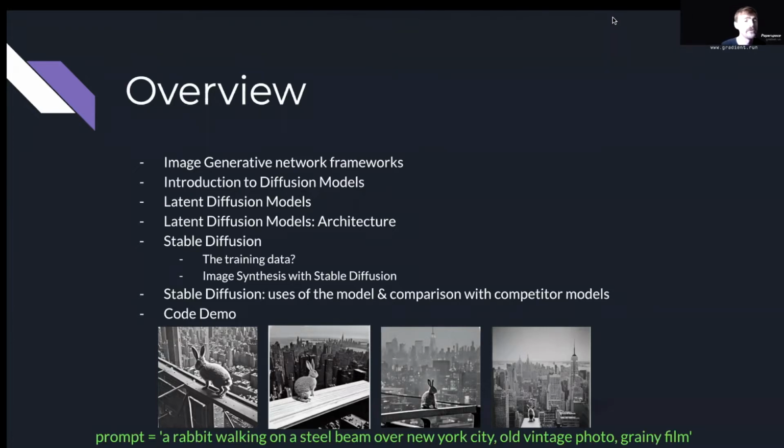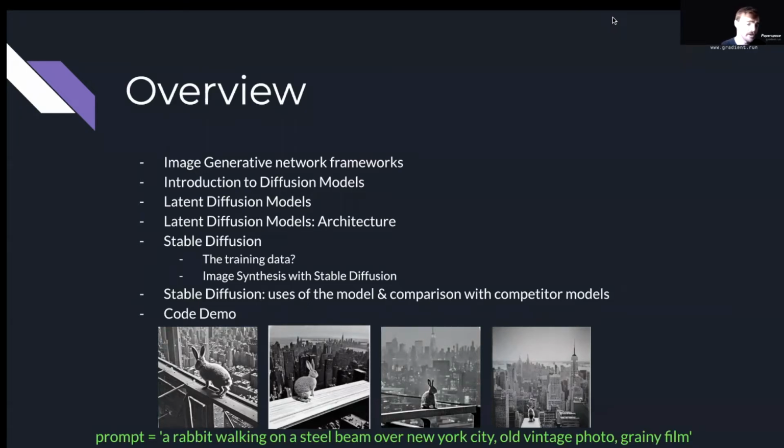Then we'll jump into latent diffusion models, which are the underlying framework upon which the pre-trained Stable Diffusion model was built. We will break down its architecture in detail before jumping into talking about Stable Diffusion, the training data that was used, and talking about image synthesis with Stable Diffusion. We'll also briefly talk about some of the uses of the model and a comparison with competitors before going into our code demo.